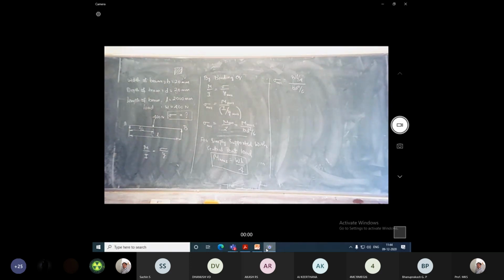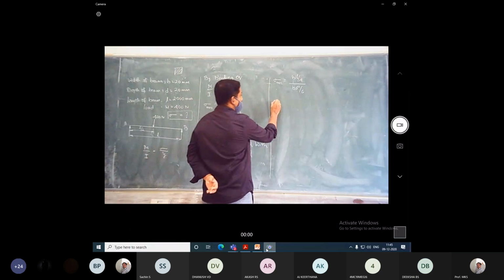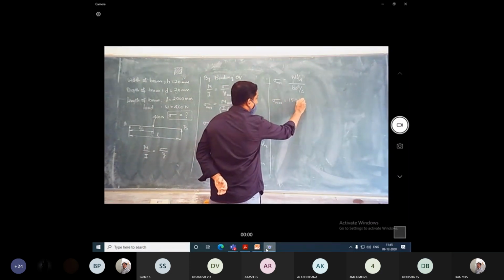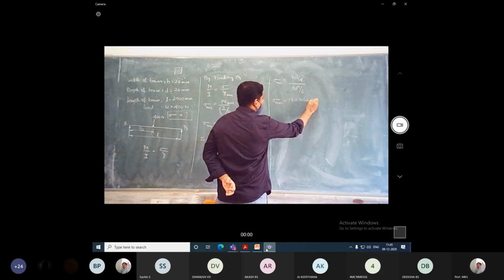Check all the units. Right? Yes. Yes sir, 150? Yeah, 150 is right. Sigma maximum is 150 Newton per mm square.